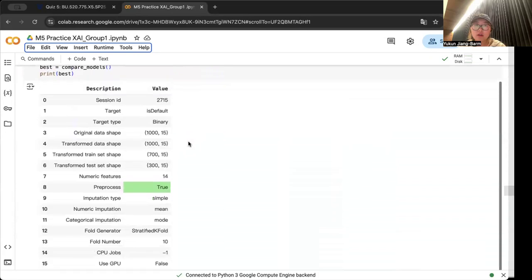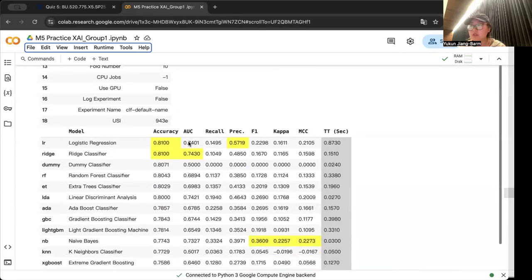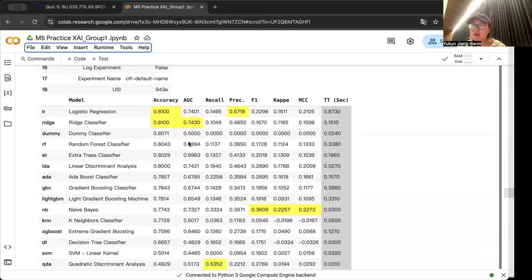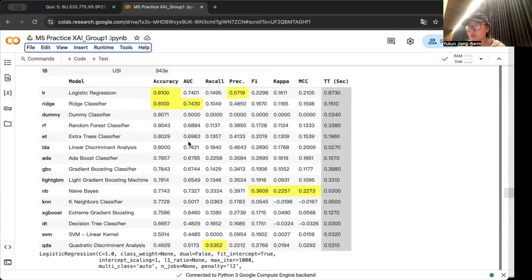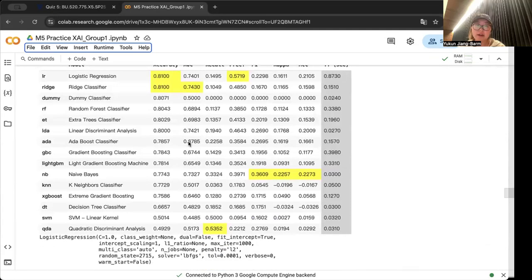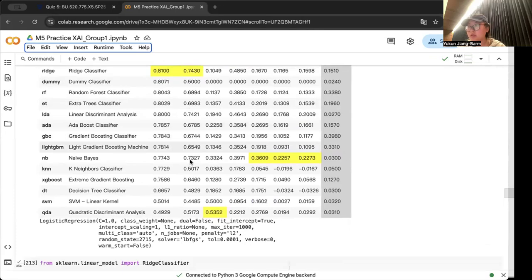And then we conduct PyCaret to select our best model and optimize our model. In the automated model comparison via PyCaret, our best model indicated is the ridge classifier.